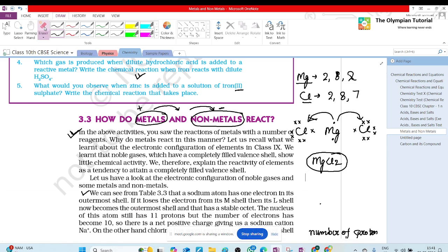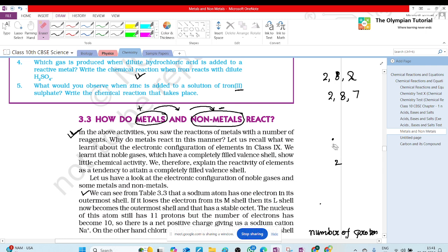Sodium oxide, NaO. Na is 2, 8, 1 and oxygen is 2, 6. Oxygen needs how many electrons? 2 more electrons, but this sodium element can give only 1.